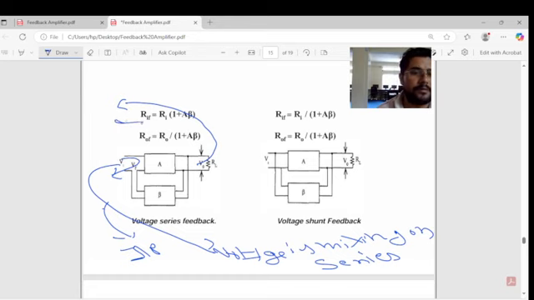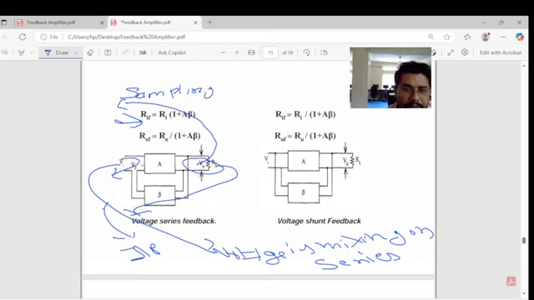So that's how we will write it first. We take the voltage at the output terminal, so we can write voltage. Then at the input terminal mixing is done on the series. So that's why we are writing series here. So that's a voltage series feedback.